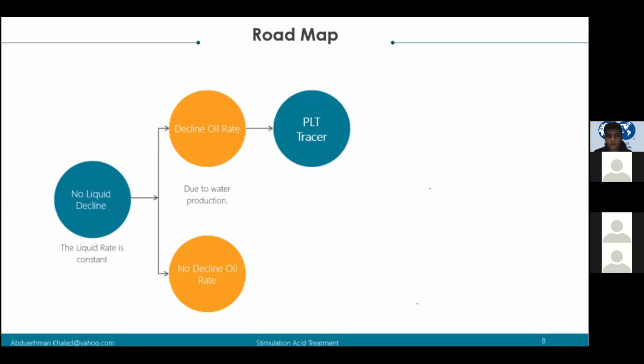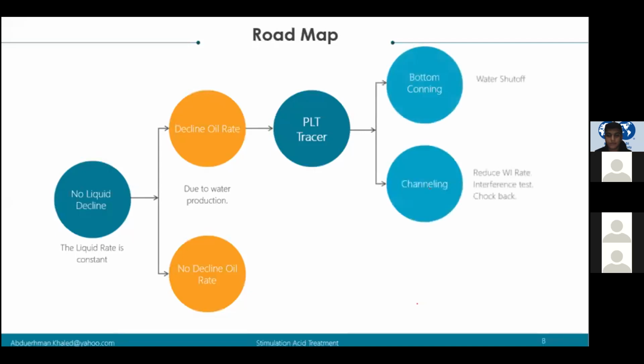Also, you can put a tracer into the injected water and follow that tracer to see when and where it is being produced. This is another technique used to find out the source of the water, where it is coming from.